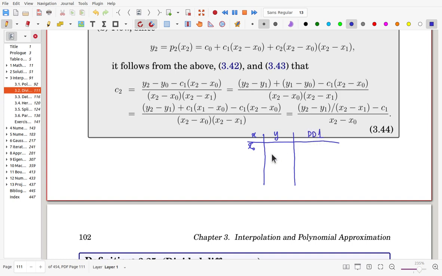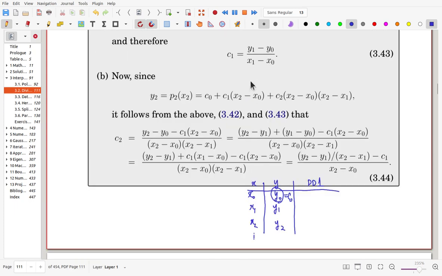The x values are x0, x1, x2, and so on. The y values will be y0, y1, and y2. Now that is c0, we know that. Now c1 is obtained from this difference divided by that difference.